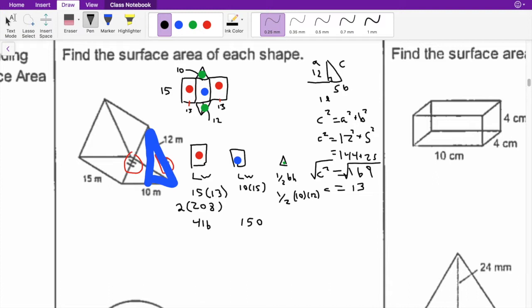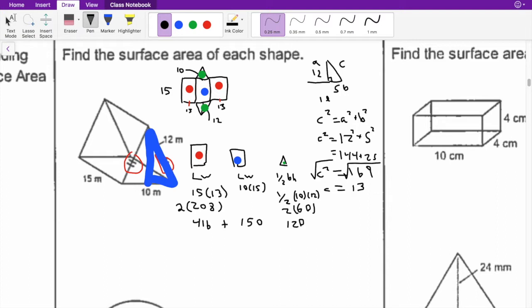So 10 times 12 is 120, divide that by 2. It's going to give us 60. And we have 2 of these, right? So the answer here is going to be 120.